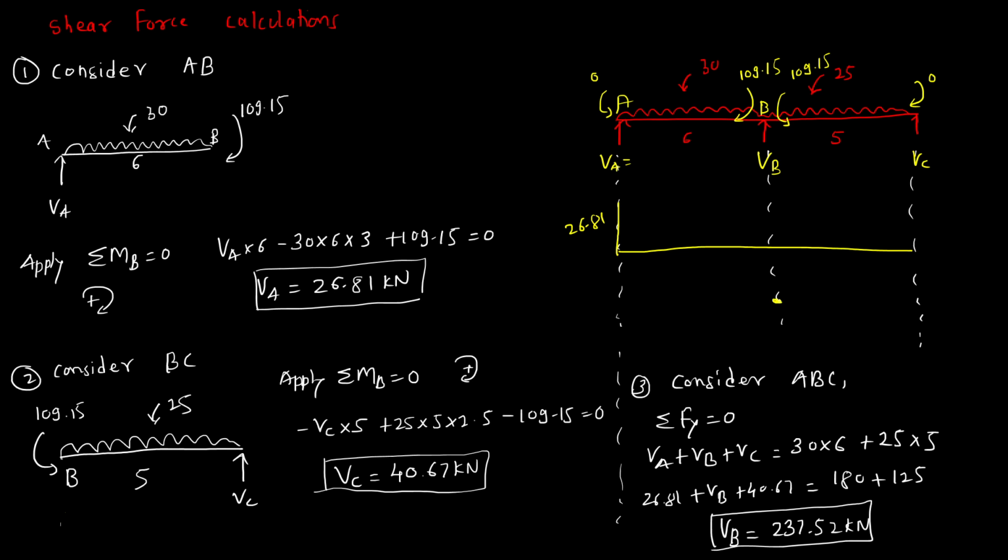So the next point here is 153.19. You connect it with a straight line, as UDL is present. Now what is the value of VB? 237.52. So 237.52 minus 153.19 will push the shear force diagram in the upward direction.